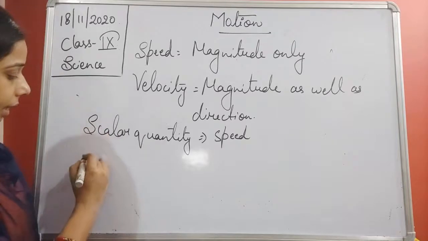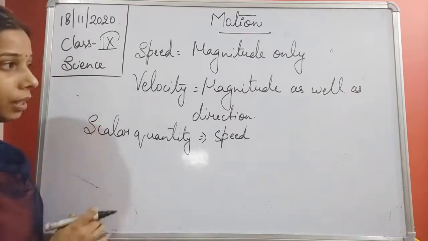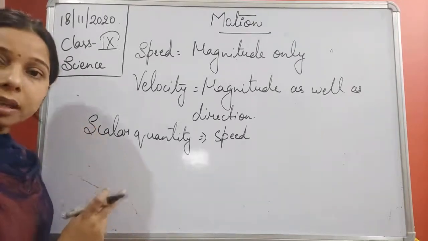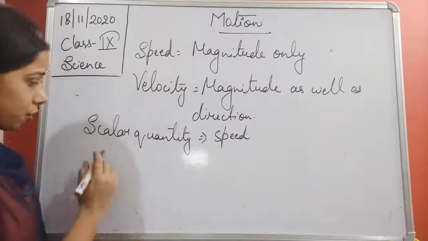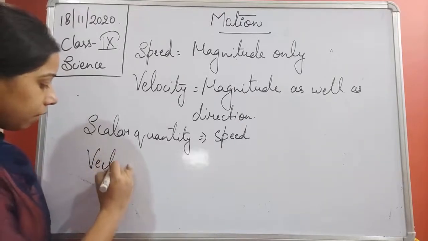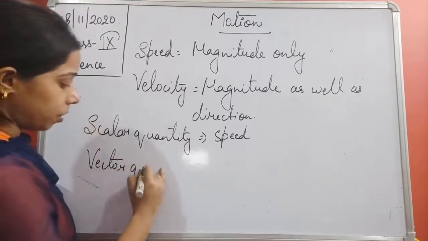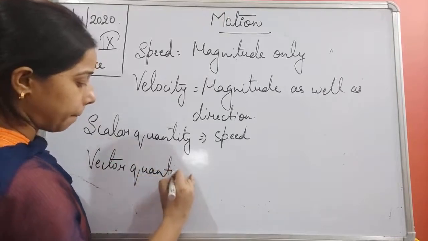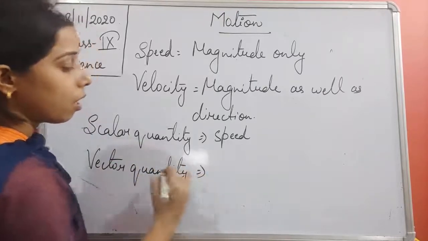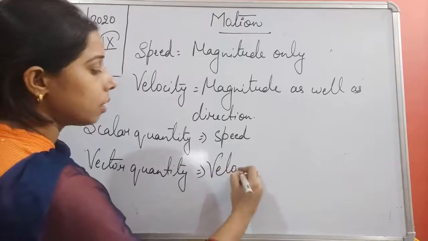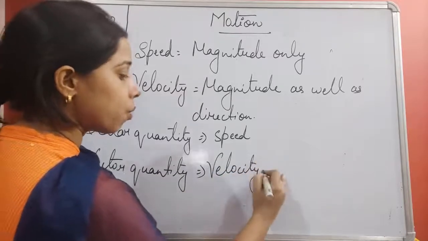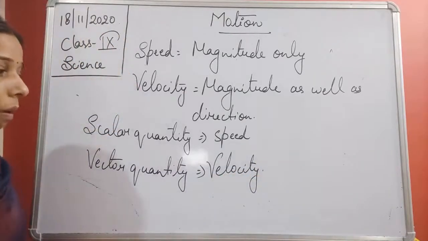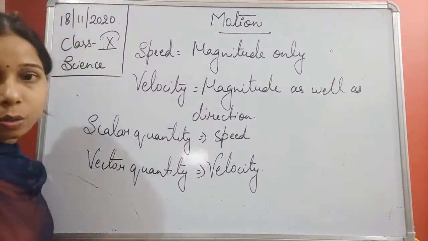So we can say that the quantity which has both magnitude and direction is known as a vector quantity. Okay, so velocity is what? It is the vector quantity, and speed is what? It is the scalar quantity.